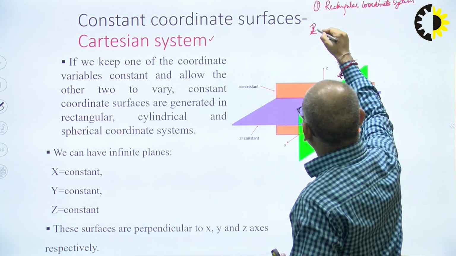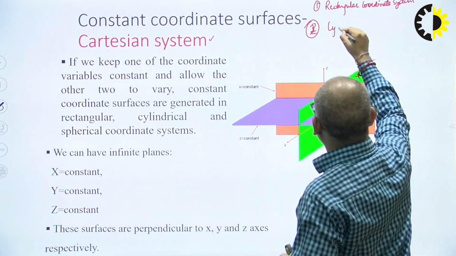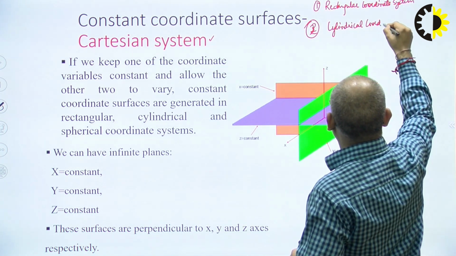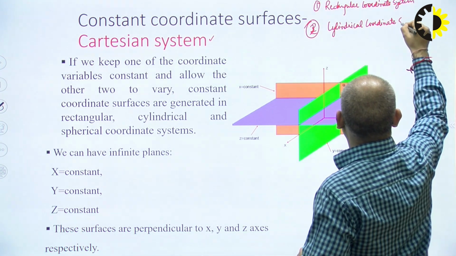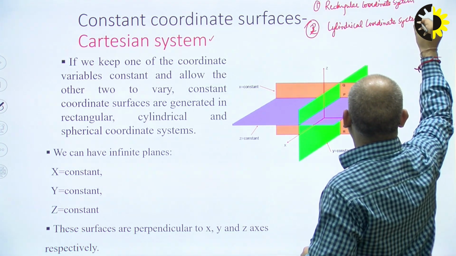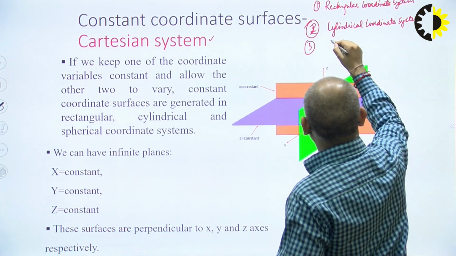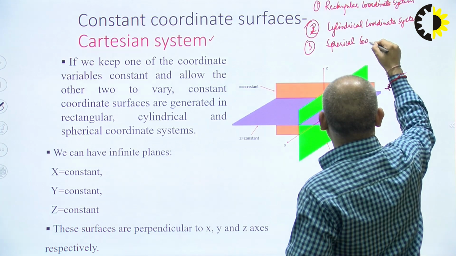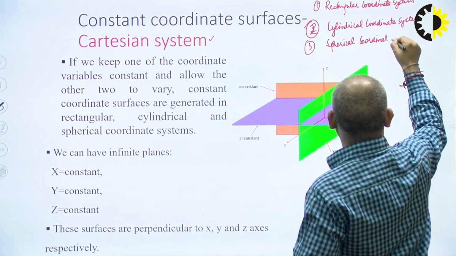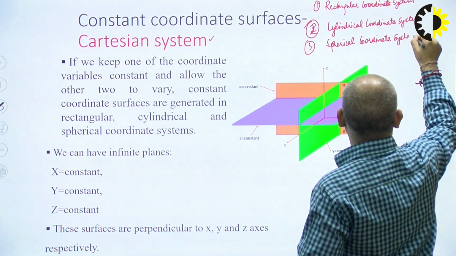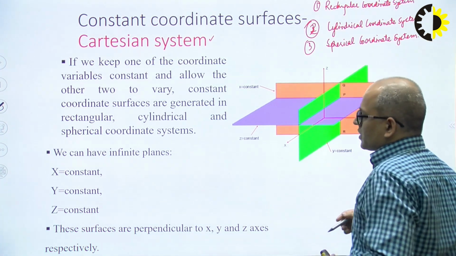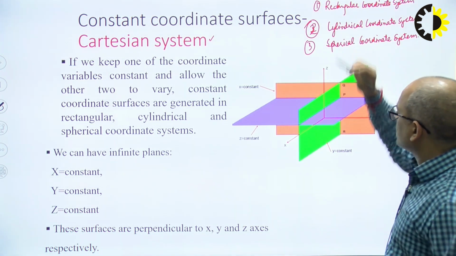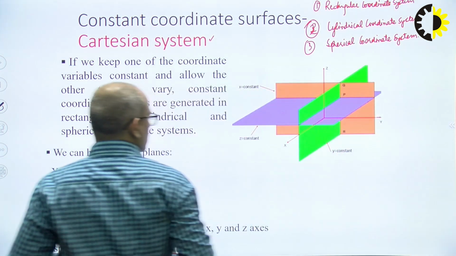Second one is the cylindrical coordinate system. And third one is the spherical coordinate system. Clear?